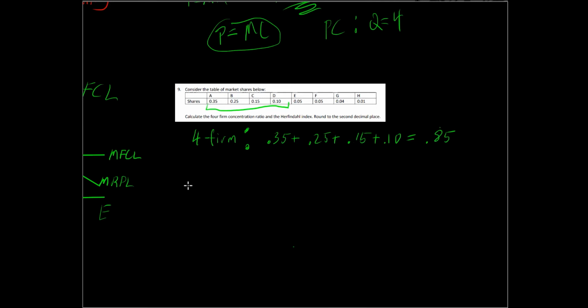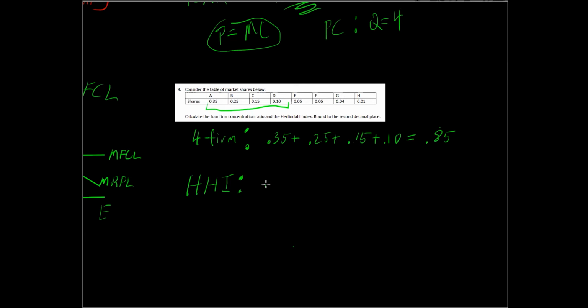A little more complicated is the Herfindahl index, which is often abbreviated HHI because its full name is, I think, the Hirschman-Herfindahl index. That's the sum of squared shares for all firms in the market.